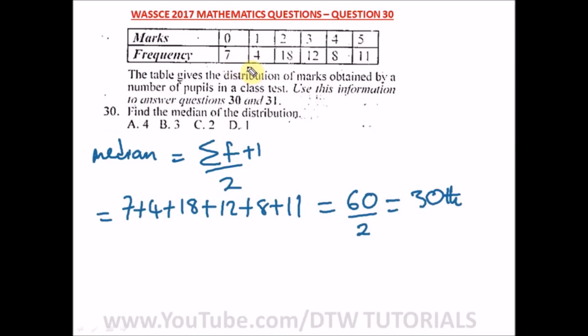Now we find out which mark our median is under. 7 plus 4 is 11, and 11 plus 18 will give us 29. So not yet up to 30, so we have to come in here. When we come in here, we add 1 and we get 30. So our median falls under 3, and our right option here is option B.